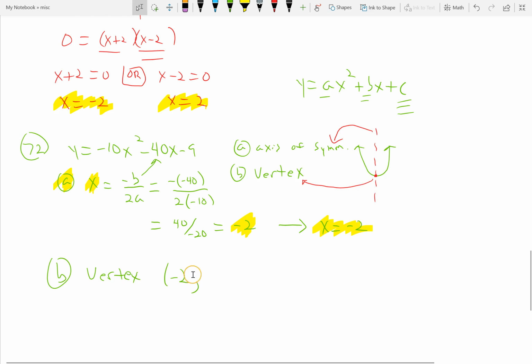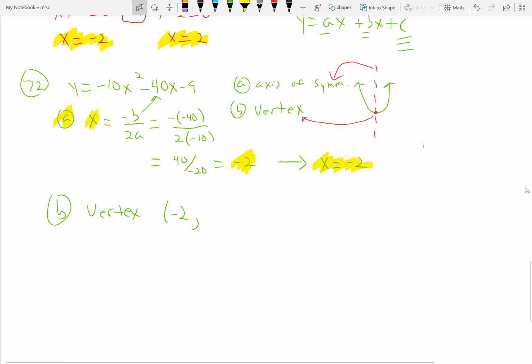So we knew this negative 2 was going to be in there. Now we just need to take that negative 2 and substitute it in for x. So our y value will equal negative 10 times negative 2 squared, substituting negative 2 in for x, minus 9.